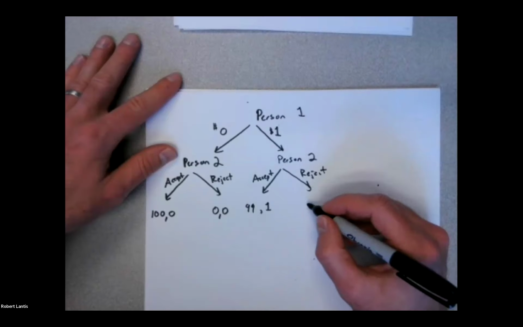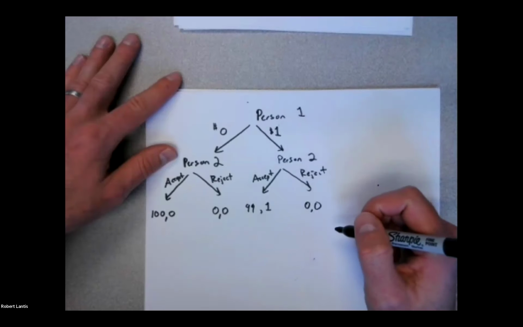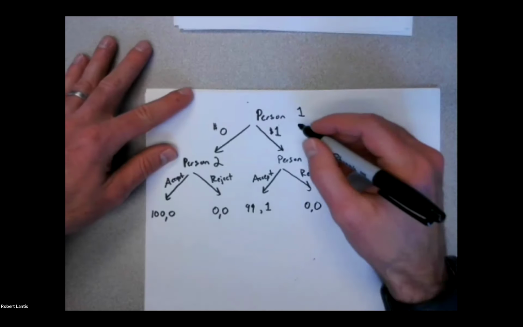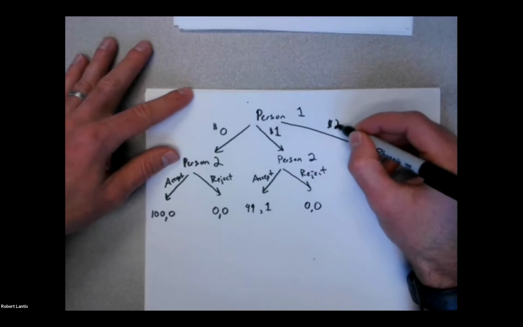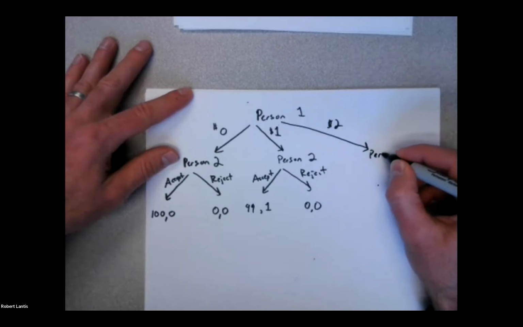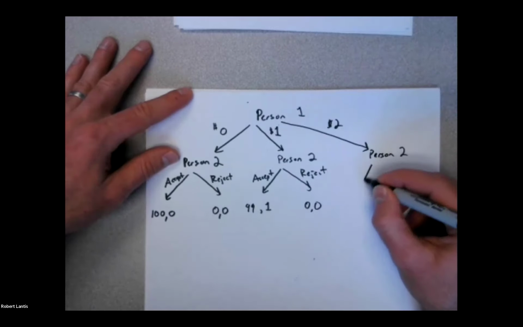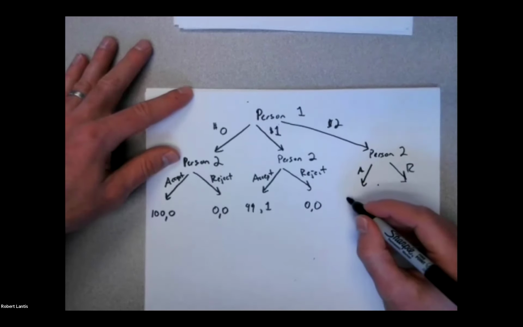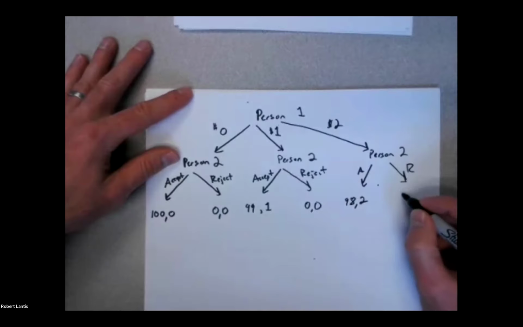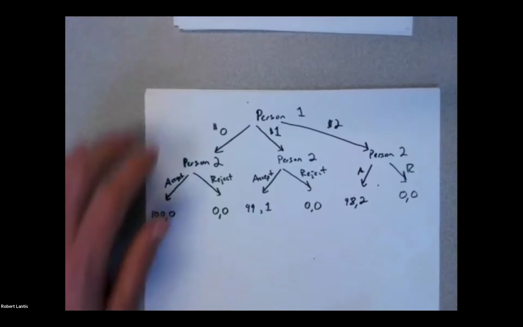If they reject it, we both get 0. And then I'll just do one more. Let's say I offer them $2. Person two can either accept or reject. Here, I would get to keep 98 and they keep the 2 I offered them. If they reject it, we both get nothing.